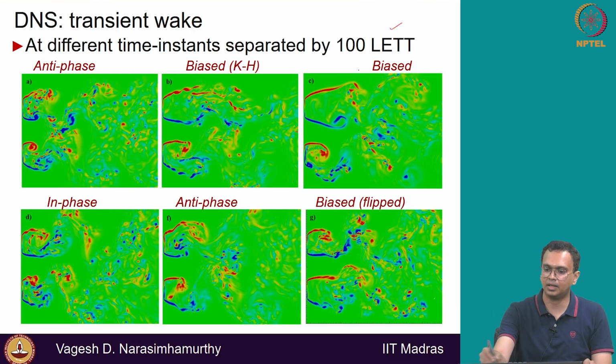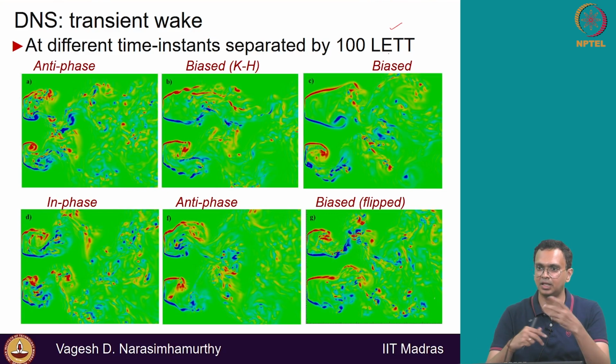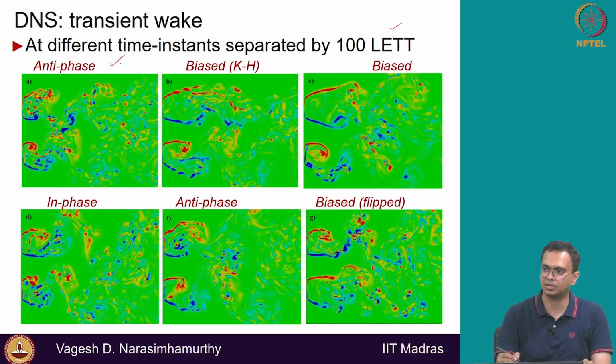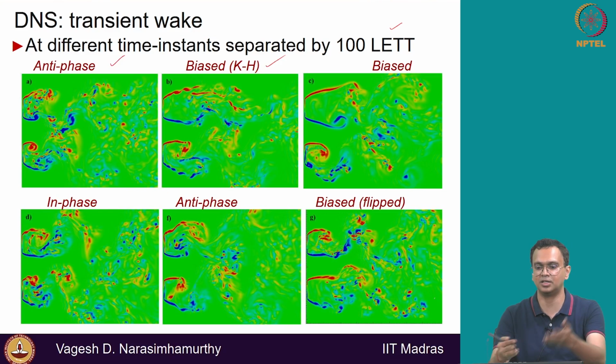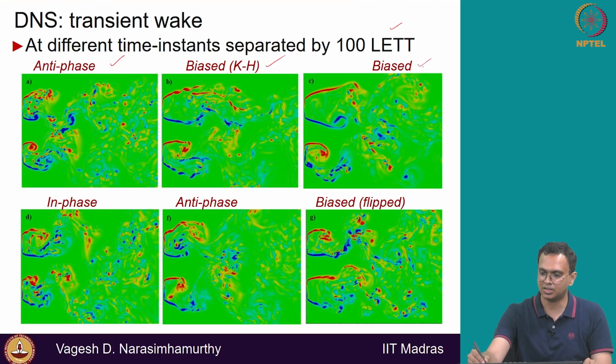Here I am showing you data, 6 figures, each one separated by 100 large eddy turnover times. That means 100 eddy turnovers have passed and the flow looks like this, but after that it looks like this, and again after another 100 it looks like this, and again it is changing. Look at that, the flow is different now.